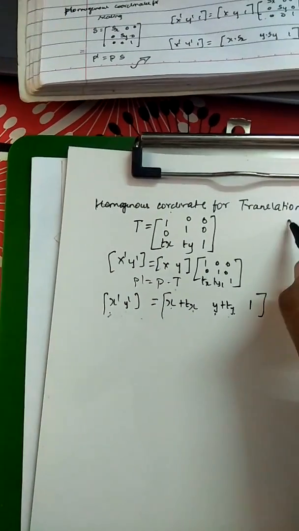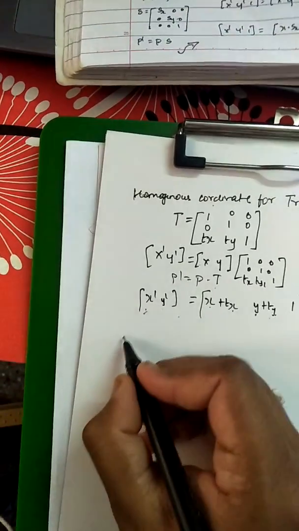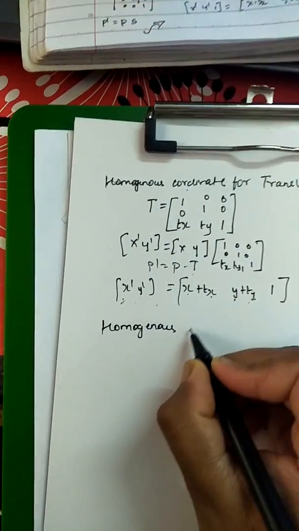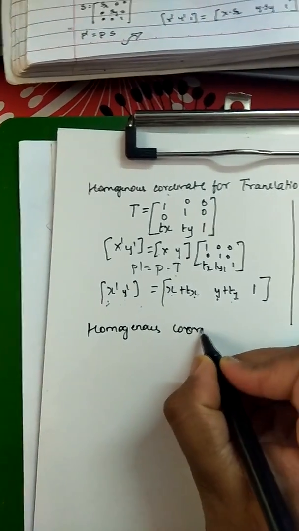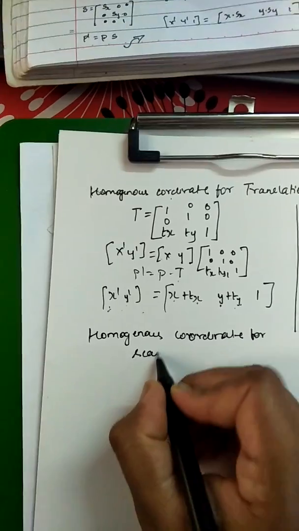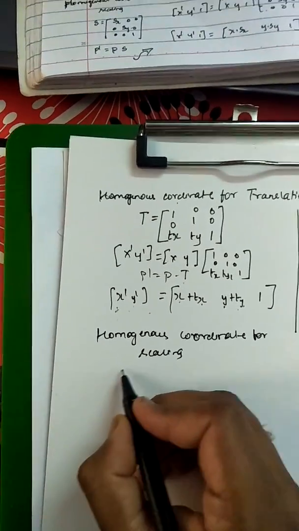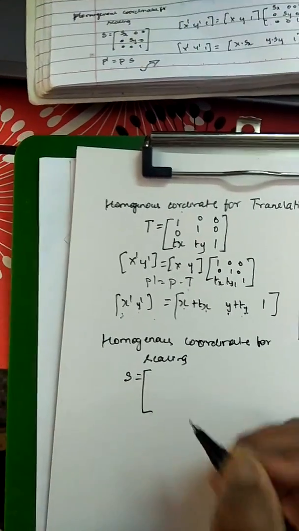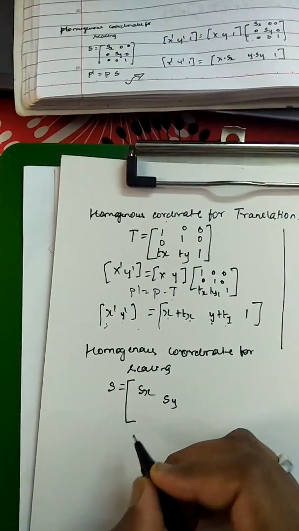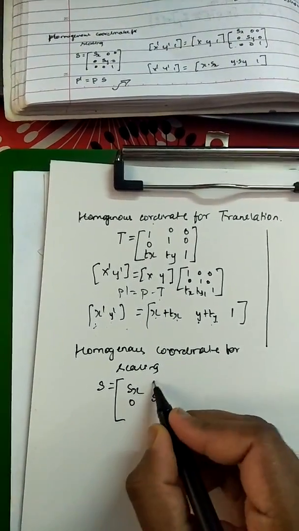Fine. Let's see the homogeneous coordinate for scaling. Fine. For scaling, let the matrix be Sx, Sy. We were filling the rest here with 0 and 0.